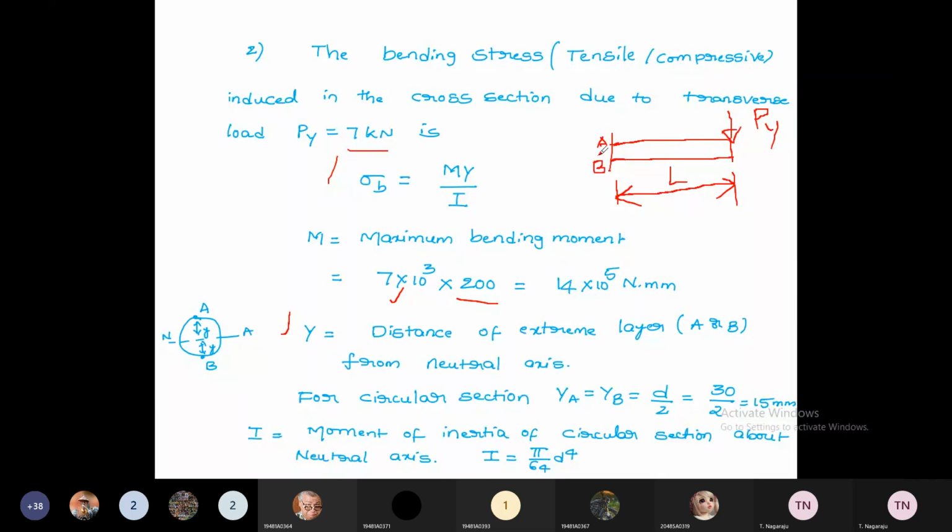Then obviously the geometric center itself is the neutral axis for symmetric sections. This is a symmetric section, so the geometric center is the neutral axis. This is your y value, either this one or the bottom one, this is also y.